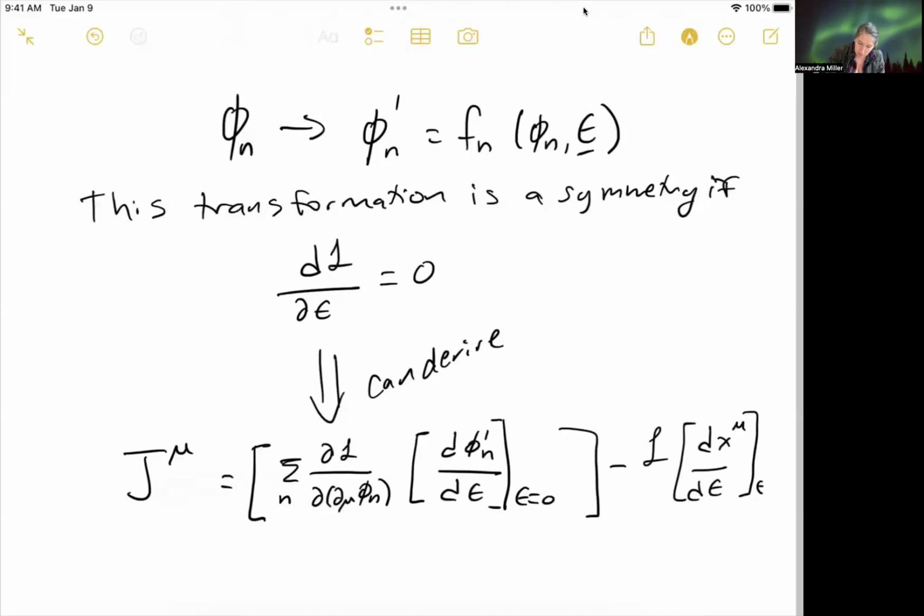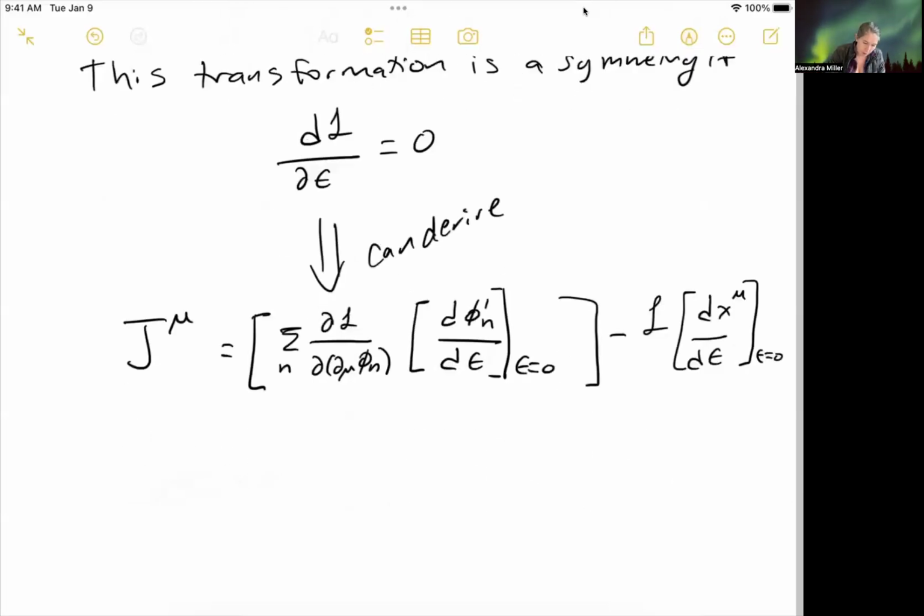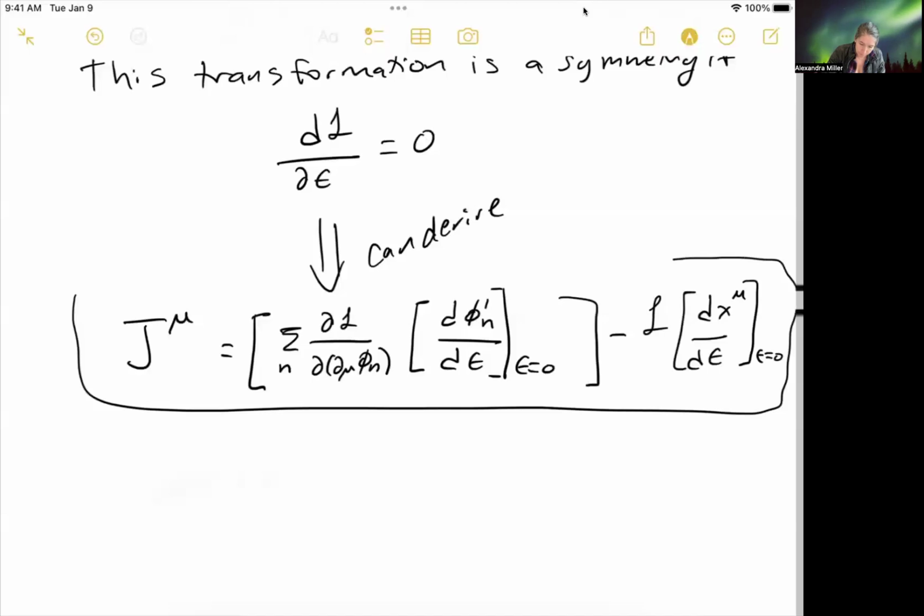This really comes from thinking about the chain rule in this derivation, because remember, the fields are functions of our coordinates. So depending on what kind of transformation you have, we might have this additional term here. Okay, so we can derive that this is a conserved current.